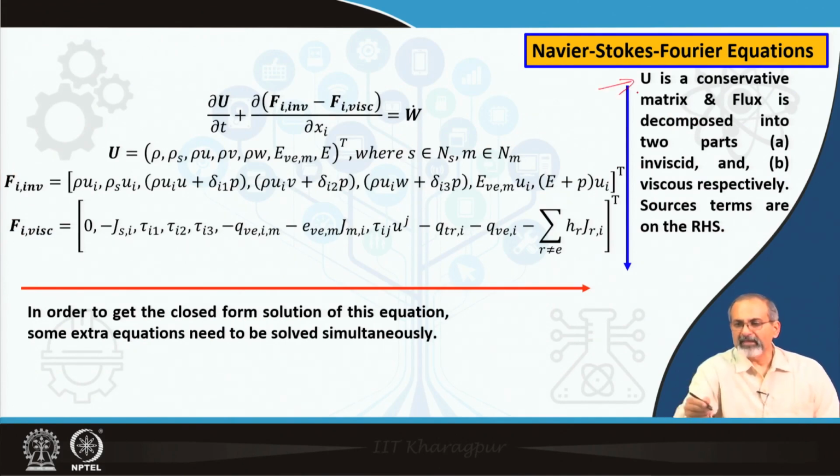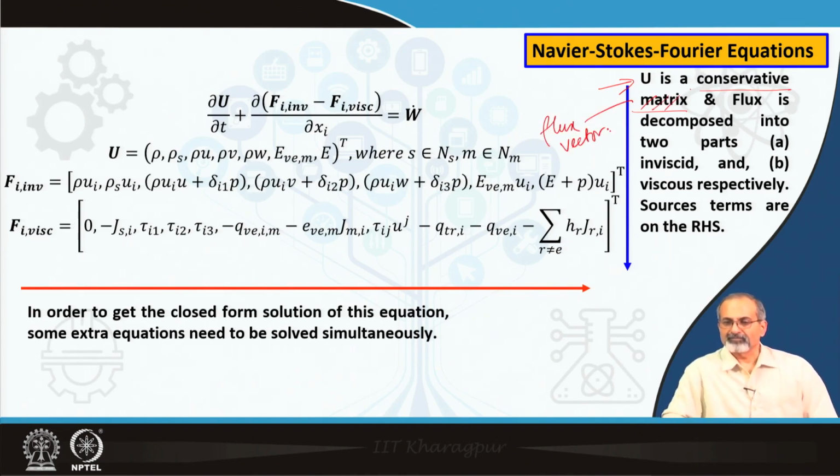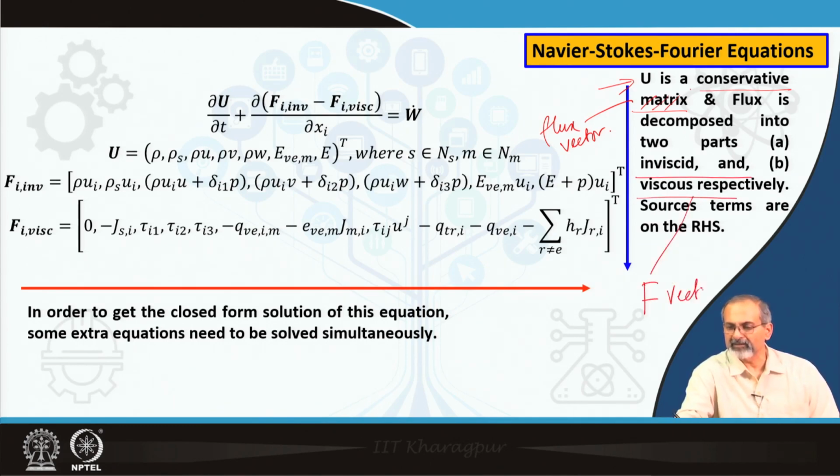We repeat once again that U is a conservative flux vector, and the flux is decomposed into two parts, inviscid and viscous, as far as the F vector is concerned, and the source terms are on the right hand side, which we see with the W dot vector.